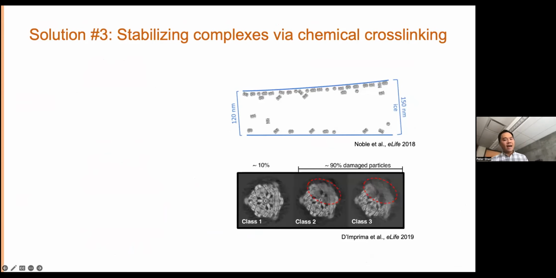And so the last solution that I want to share with you is our use of chemical cross-linking in our native purifications just before plunge freezing.